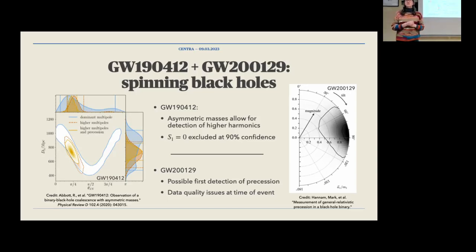What exactly are we seeing in that? What's on the axis? This axis is the inclination of the binary relative to the detector. And this axis is the distance to the binary in megaparsec.